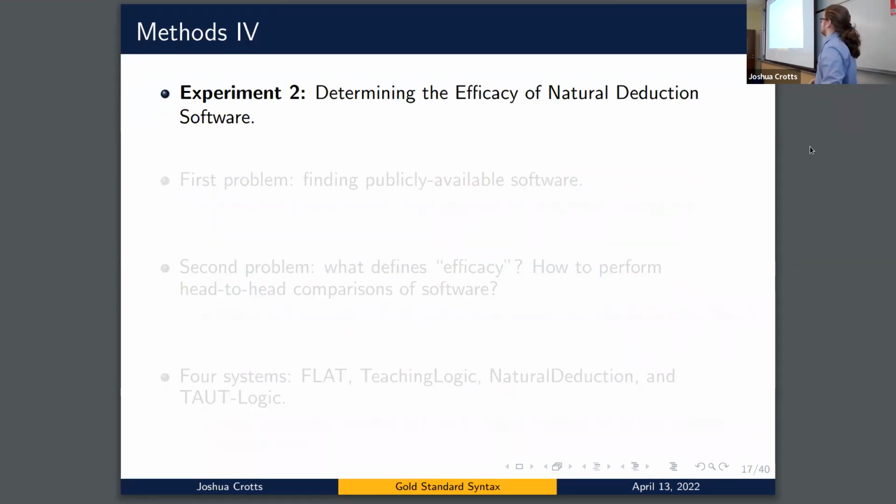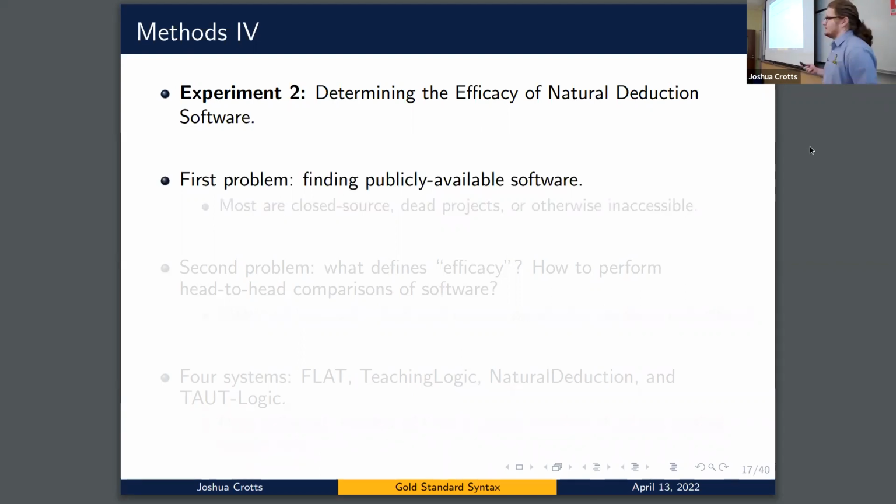All right, experiment 2. This experiment was about determining what makes one natural deduction system better than another. First problem though is actually finding these systems. Unlike truth tables and truth tree solvers, which are everywhere, natural deduction systems are actually pretty closed off.